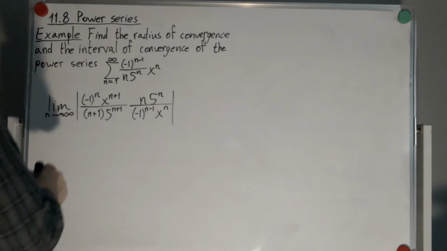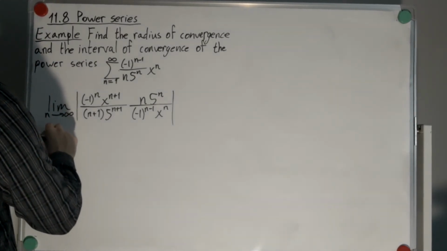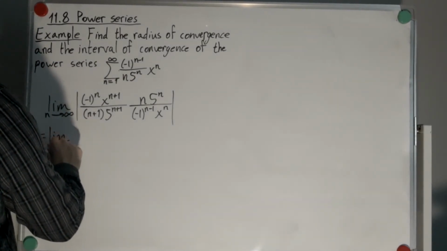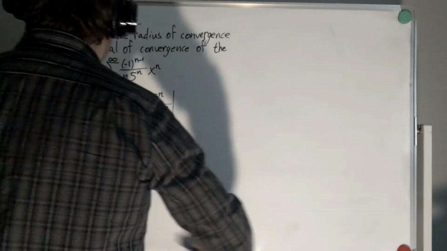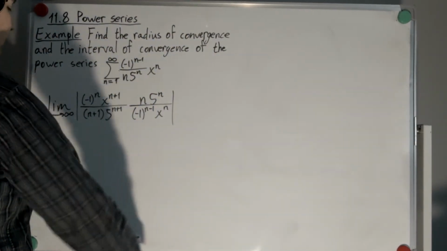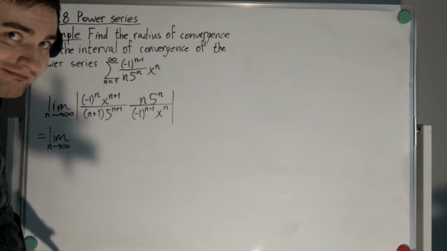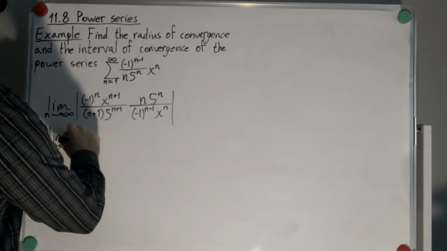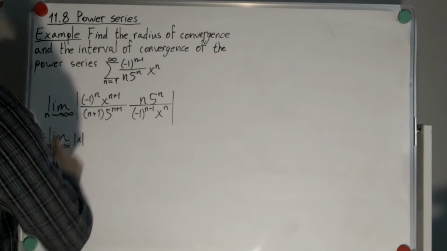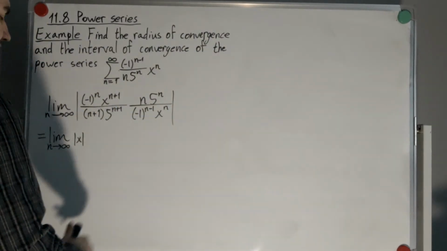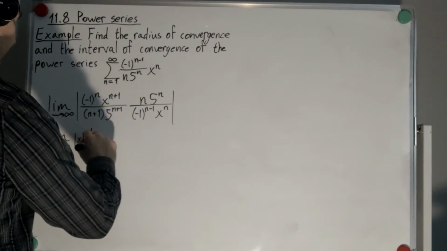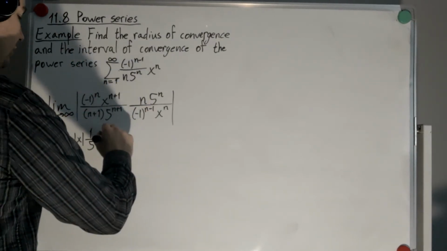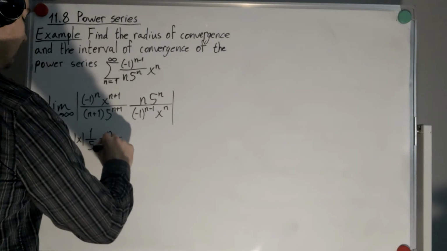Okay, so some things cancel. Nothing's gonna matter with the absolute value except for x, right? So let's just say the absolute value of x, the negative ones cancel, and then you get one factor of 5 on bottom, so we have 1/5, and then you have n divided by n plus 1.